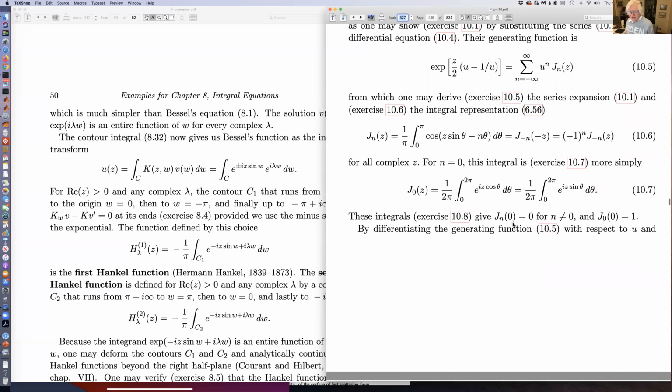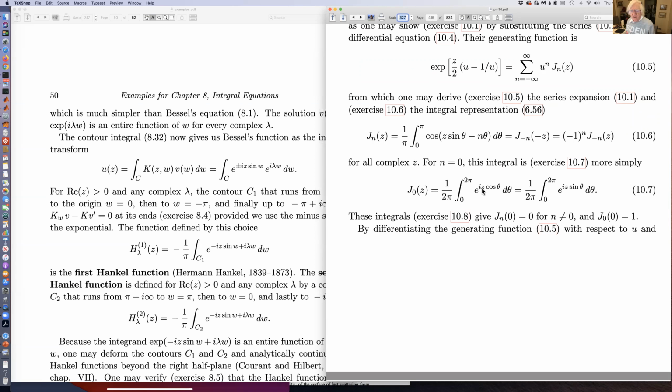And they tell us that for n not equal to 0, Jn of 0, so we'd have a 0 here.